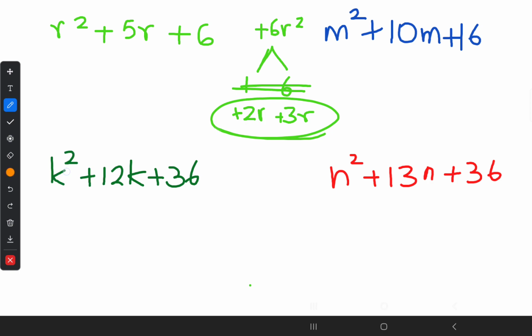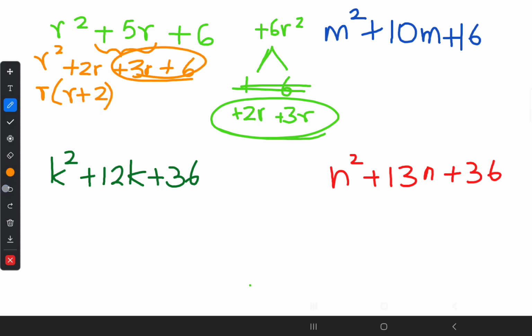Now let's do the factorization. So r square, what we did was we just split this 5r into two values, 2r plus 3r, to do the factorization. We made our work easy. From the first two values, you can select r as a common factor, so it would be r plus 2. In the second set, both are multiples of 3, so positive 3 is the common factor for the next two values.